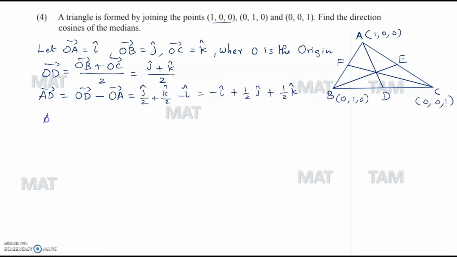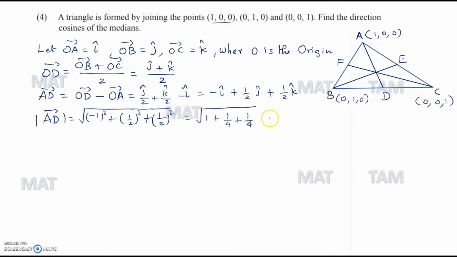Now the magnitude of AD will be square root of (minus 1) squared plus half squared plus half squared, and that's equal to root of 1 plus 1 by 4 plus 1 by 4, which is equal to root of 6 by 4.